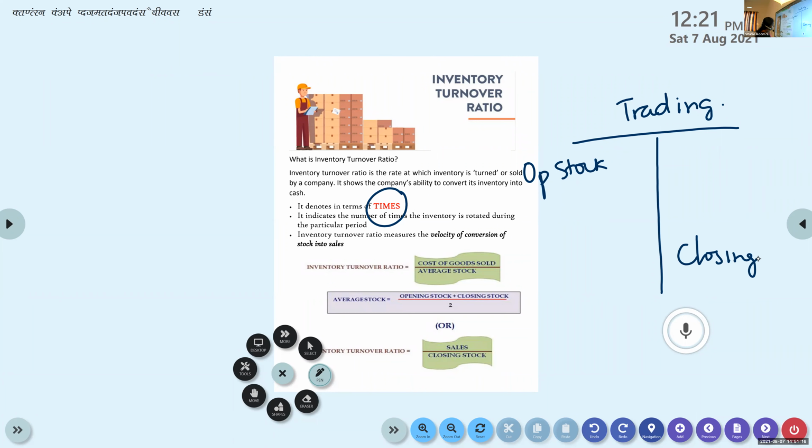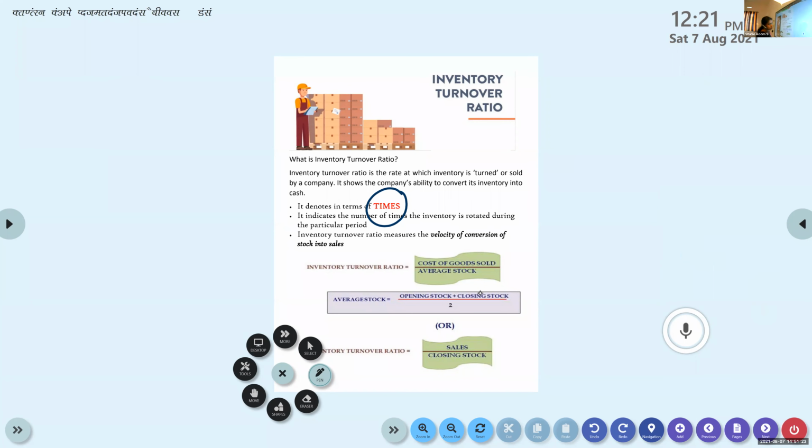So average stock means opening stock plus closing stock divided by 2. I am talking about the denominator, average stock. Opening stock plus closing stock divided by 2.